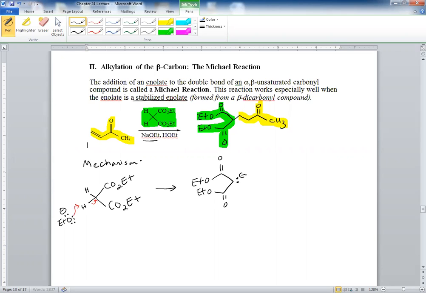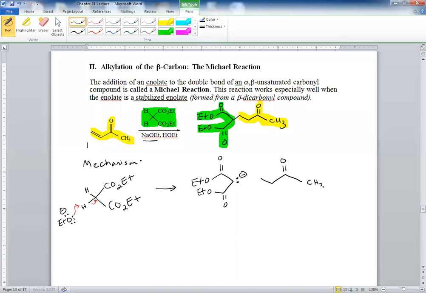You should be able to trace everything. So the CO2Et is, here's a C, carbonyl oxygen, and then the OEt, ethoxy. So that's again drawn in a way to help us draw the mechanism more easily.